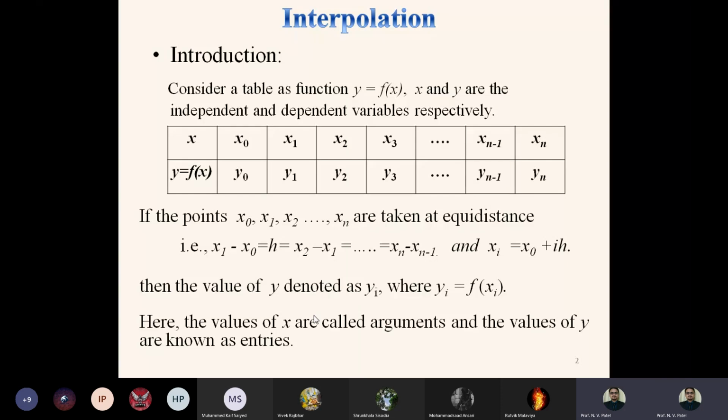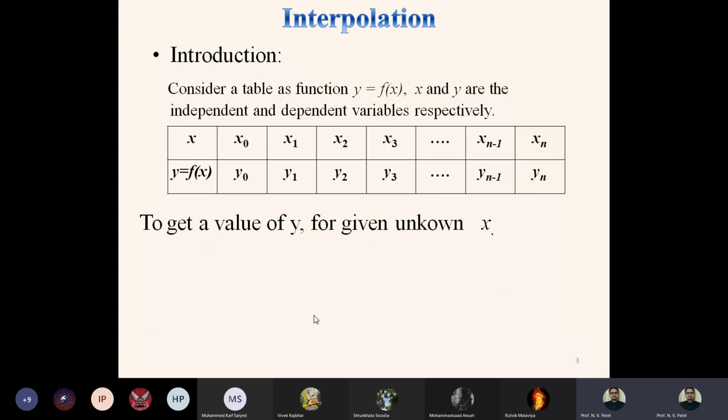Now next, practical number 3, 4, 5, 6 and so on are based on these interpolation methods, where we are applying different methods. To get a value of y for a given unknown x, if this unknown x lies between x0 and xn, then it is called interpolation.